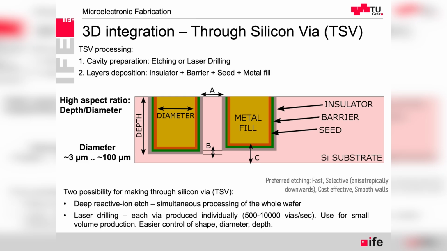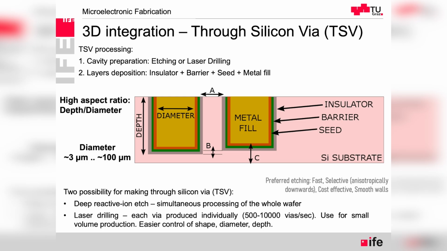The metal is deposited in a cavity, and the cavity is either prepared by etching or by laser drilling. There are two ways of making this cavity, either through deep reactive ion etching, where the whole wafer is processed at the same time, but it's not as perfect, uniform, and repeatable.